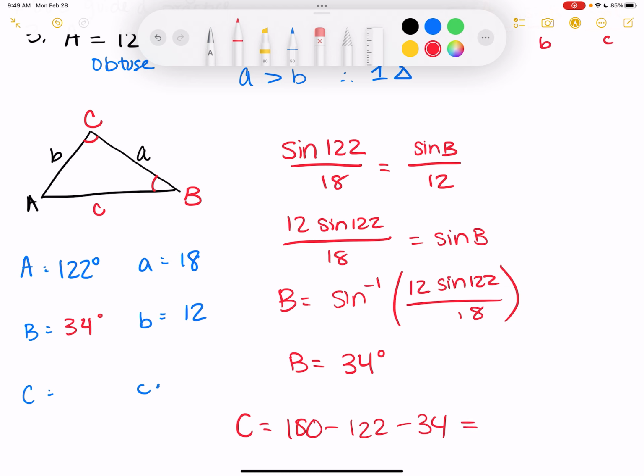If you really want to, you could just subtract it all. Yeah, I just subtracted. It's 24 degrees.